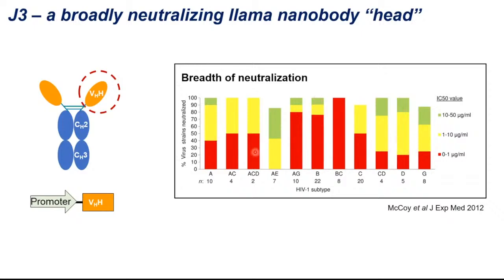But you see there's a great breadth across these different subtypes of HIV. So J3 is a pretty nice llama heavy chain only antibody that potentially you could inject into people and expect it to have powerful anti-HIV properties. But what we want to do is use J3's head and engineer it into human B cells.